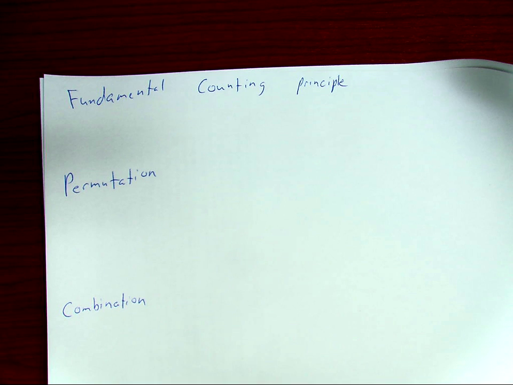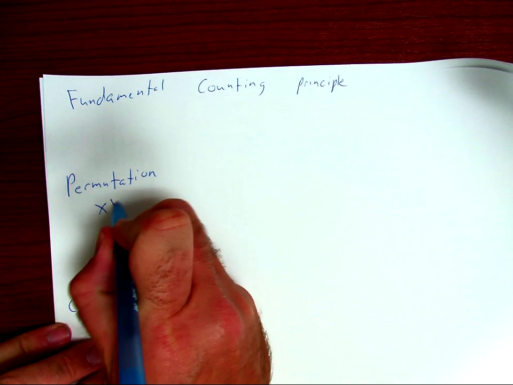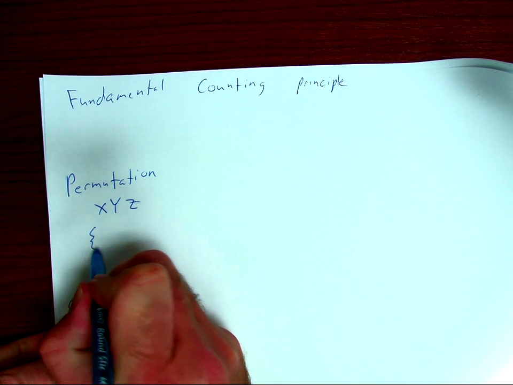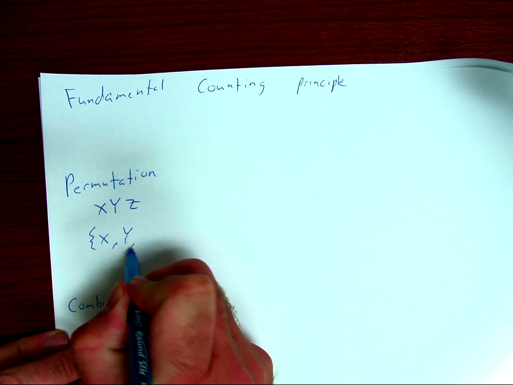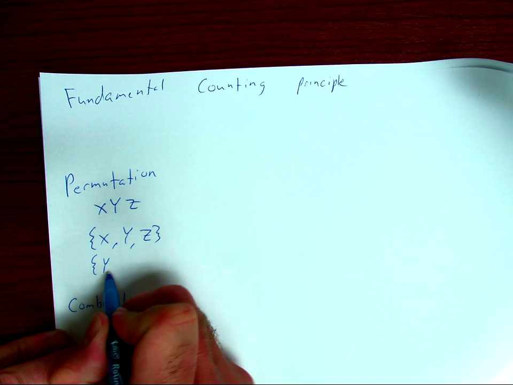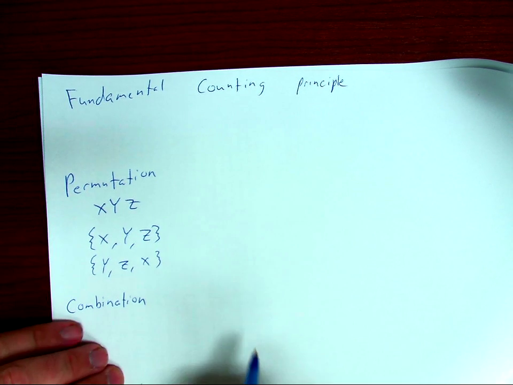Okay, so let's talk about permutation versus combination. For permutation, the difference in order is important. If you have a set of x, y, and z, the set of x, y, and z and the set of y, z, and x count as two different sets.